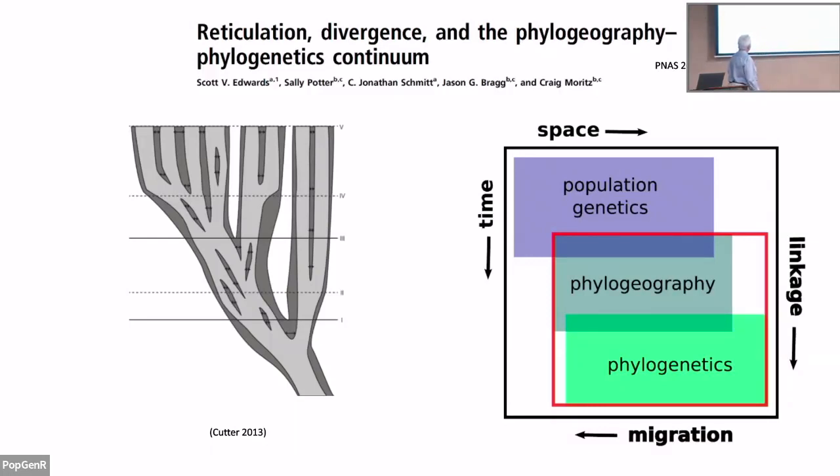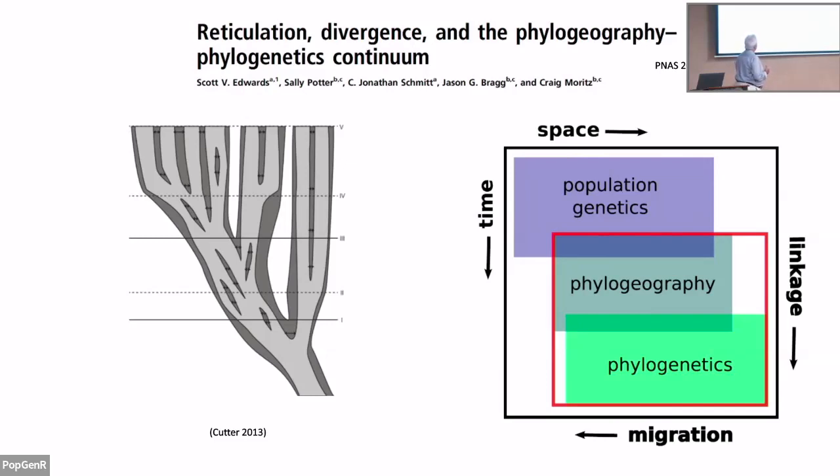As we go into phylogeography, John Avise and colleagues call that the sort of bridge between pop gen and phylo. And one of the things that I want to come back to right at the end of this workshop is the merging of population genetics and phylogenetics that's enabled both by the data, but also the underpinning theory, particularly coalescent theory that Sally will introduce.